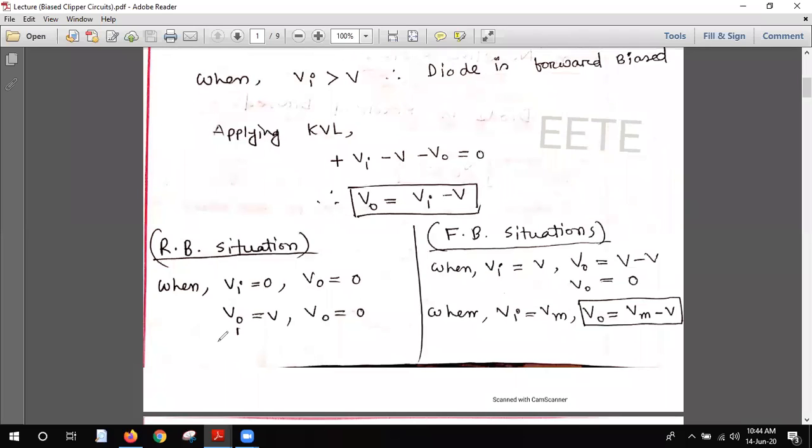Even when Vi is equal to V, at that time the V output will also be 0.